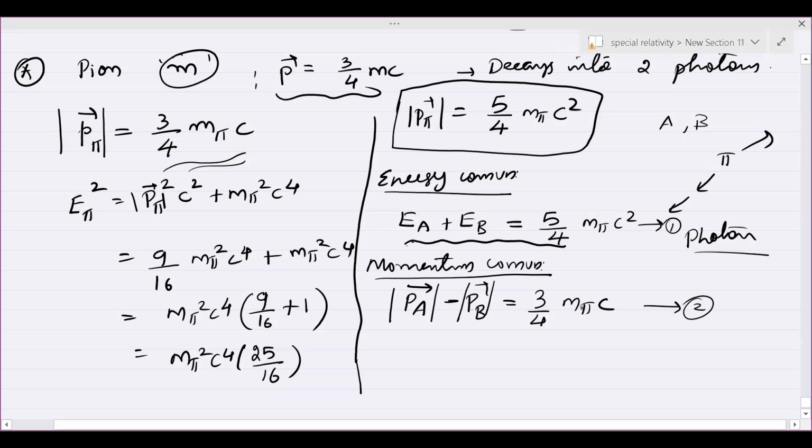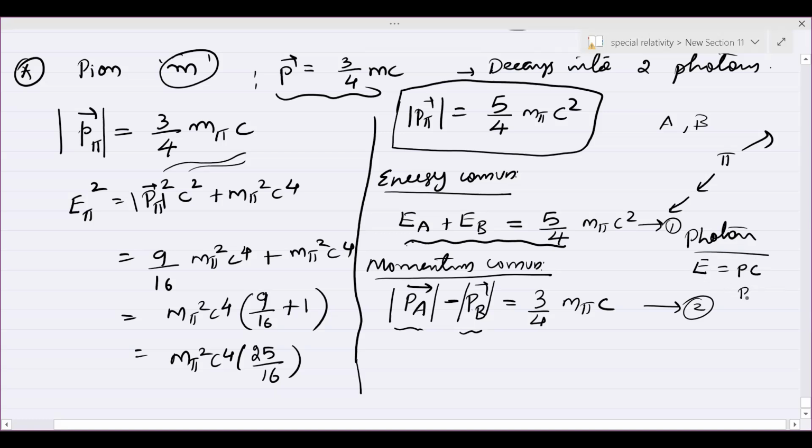All right, so there's one thing you need to remember. Again, to use the energy momentum relation, we have got an equation for the momentum here, and we know that for a photon, the energy is simply Pc, because it's p square c square plus m square c raised to 4, and m is equal to 0. Am I right?